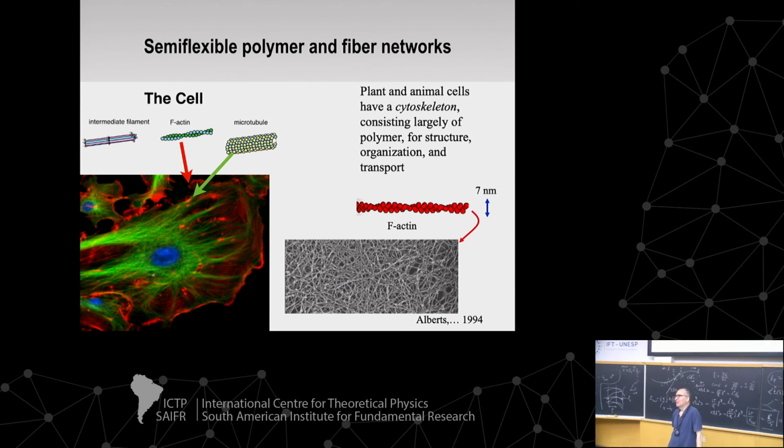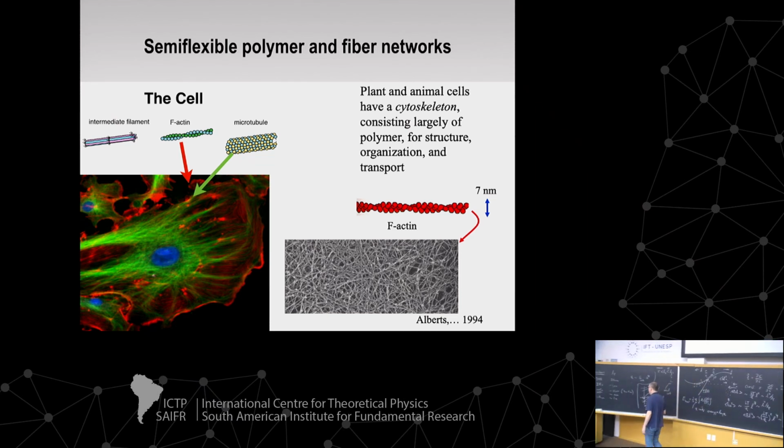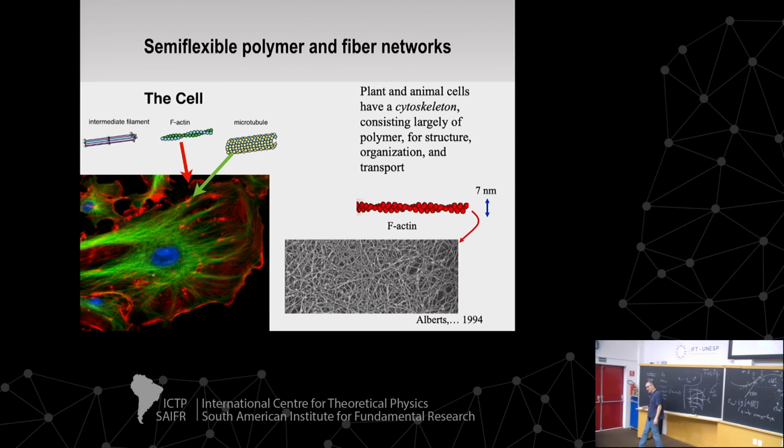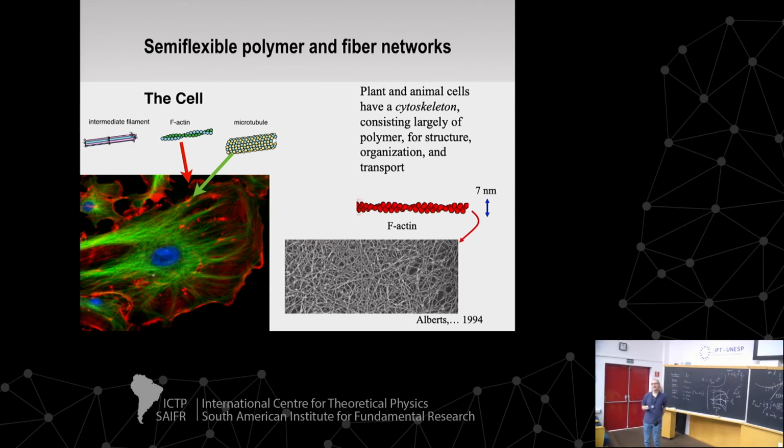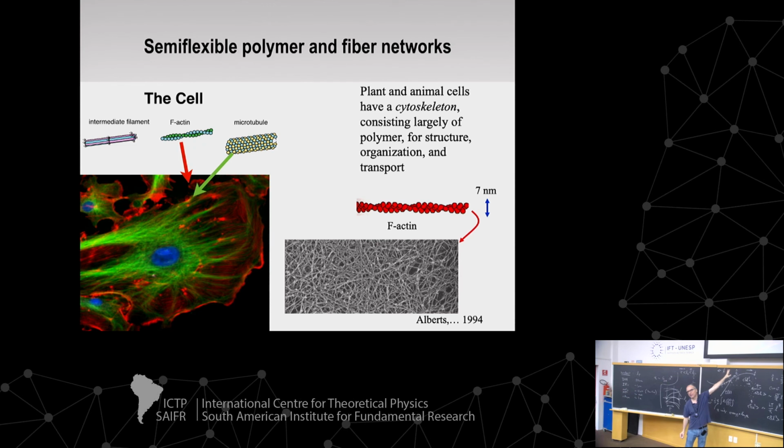Yeah, so that's a very interesting question, and I won't be doing justice to several colleagues who've worked a lot on solutions over the years, including theories of those. It turns out these really are networks. So while the crosslinks themselves might not be truly permanent, there's actually a lot of what's called transient crosslinking, which is an interesting subject in itself, because then you have an additional stress relaxation mechanism.